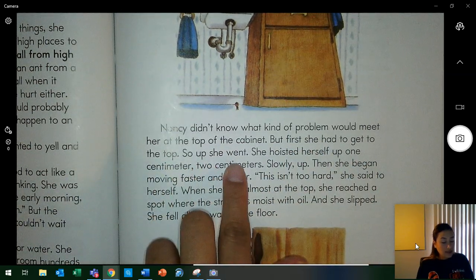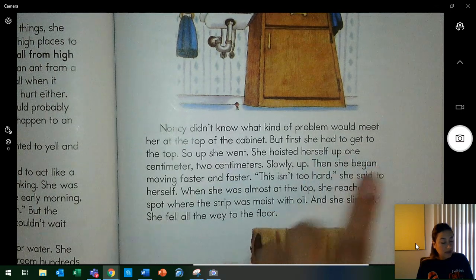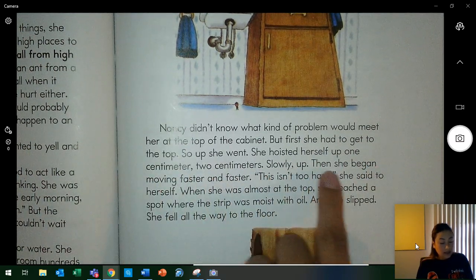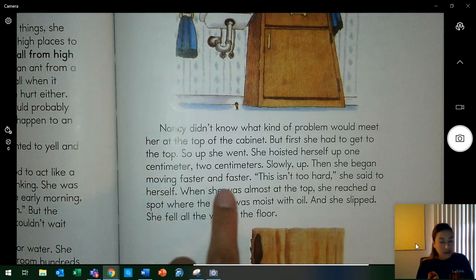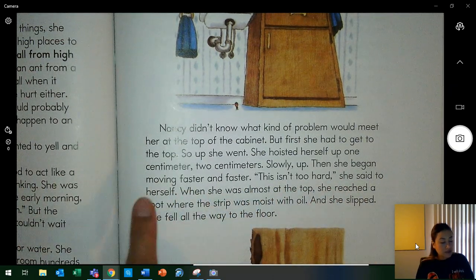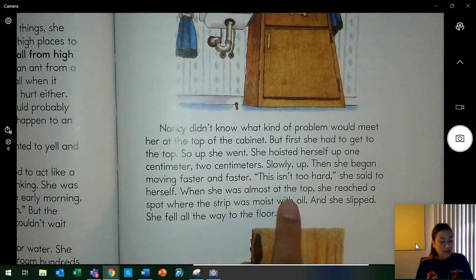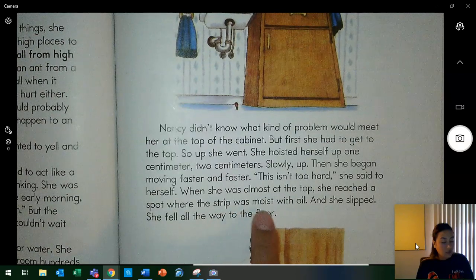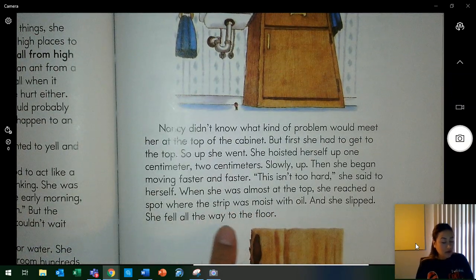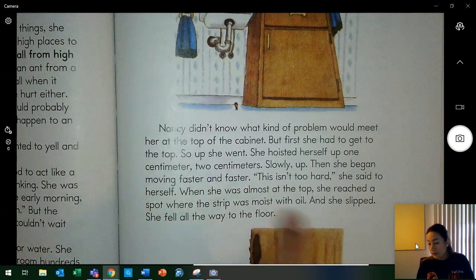So up she went. She hoisted herself up 1 centimeter, 2 centimeters, slowly up. Then she began moving faster and faster. This isn't too hard, she said to herself. When she was almost at the top, she reached a spot where the strip was moist with oil, and she slipped. She fell all the way to the floor.